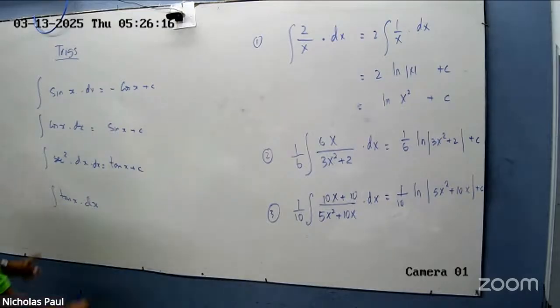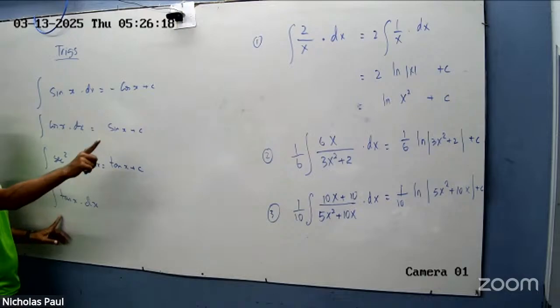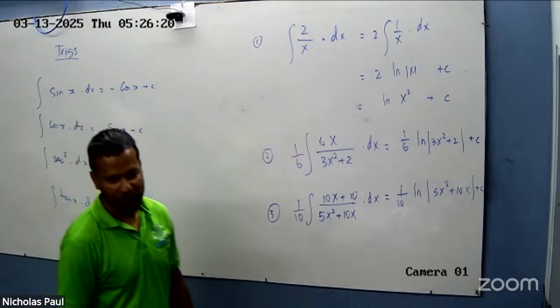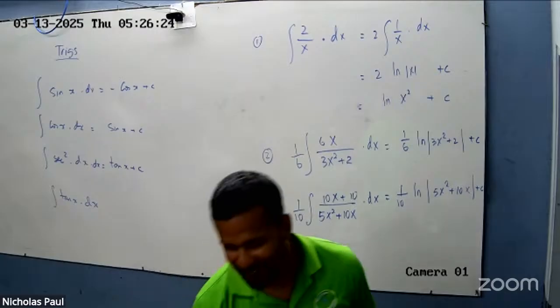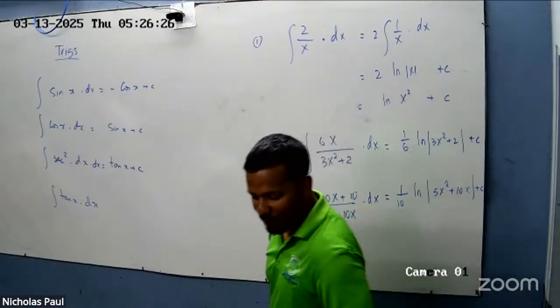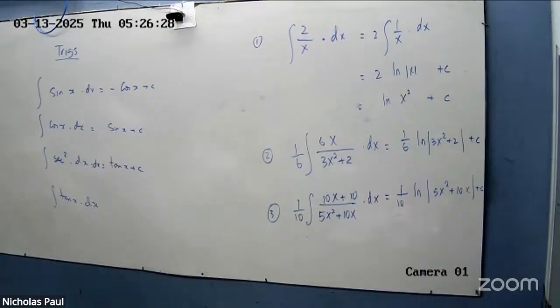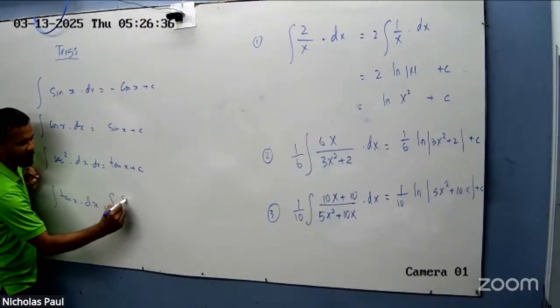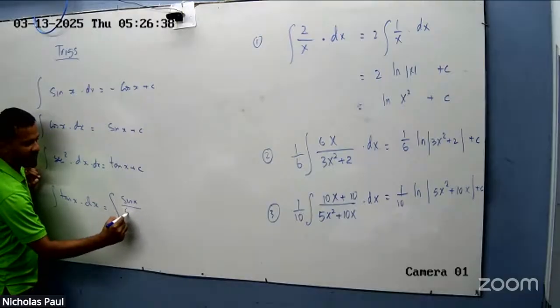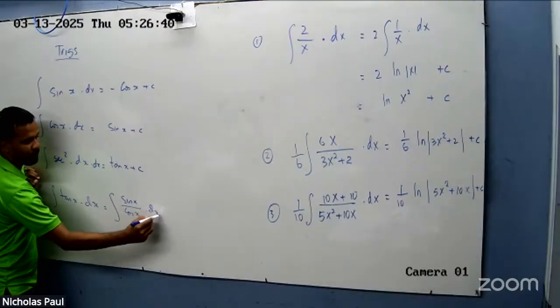Integrate tan x using what I showed you there with ln. Tan is what again? Sine over cos. So really and truly you're integrating sine x over cos x. Try that fast.